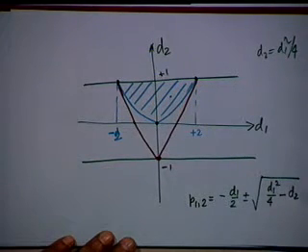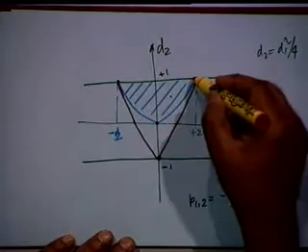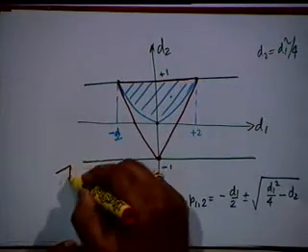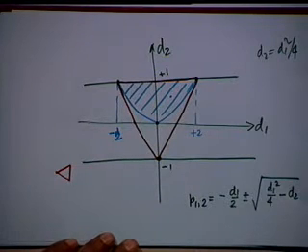Okay? So, this triangle, the red outline triangle, is the part of the parameter plane in which the second order transfer function shall be stable. Okay? They shall be stable.